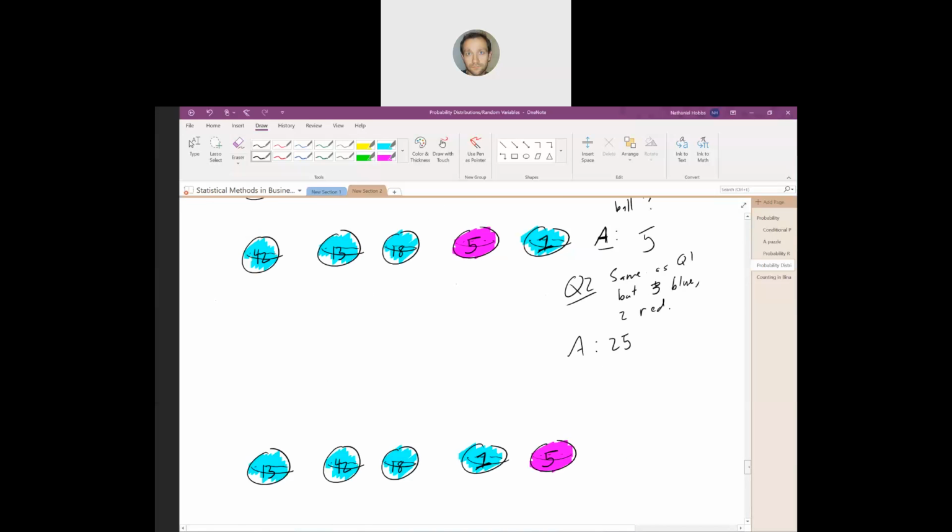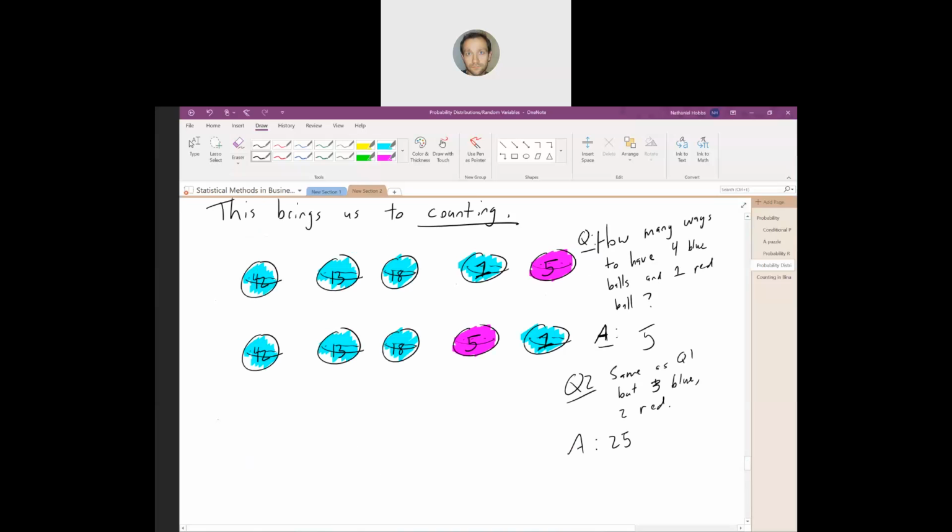Let me do this. So here's a guy, and this guy has 1, 2, 3, 4, 5 balls. 3 blue, 2 magenta. And there's 5 places, right?